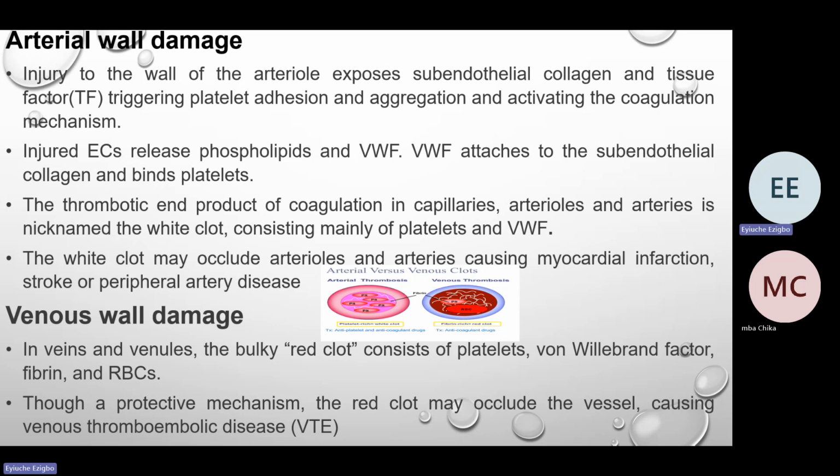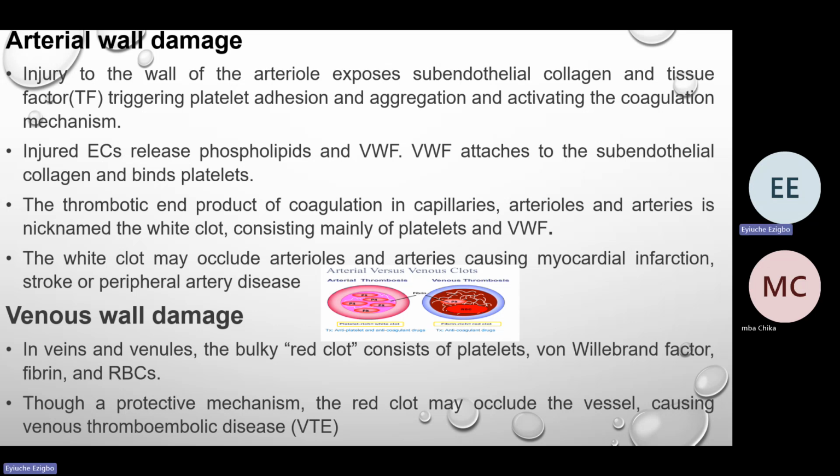The thrombotic end product of coagulation in capillaries, arterioles, and arteries is nicknamed the white clot, consisting mainly of platelets and von Willebrand factor. The white clot may occlude arterioles and arteries, causing myocardial infarction, stroke, or peripheral artery disease.